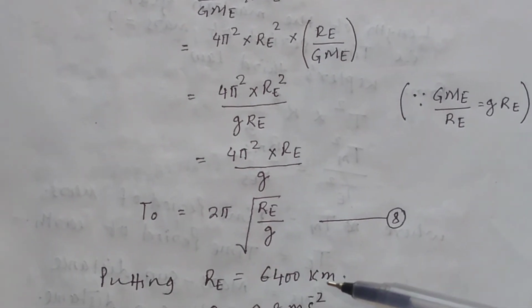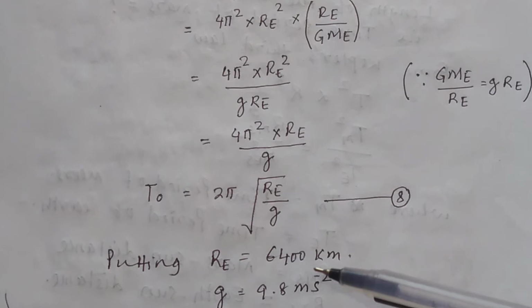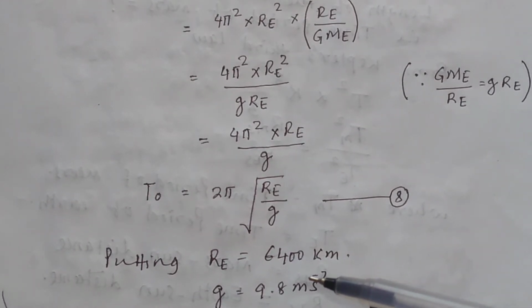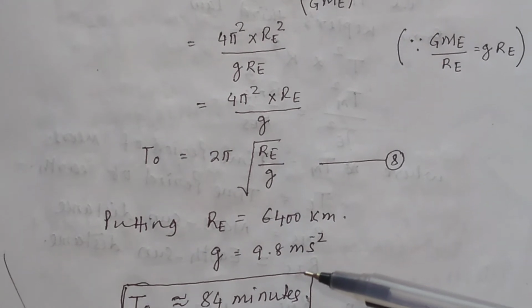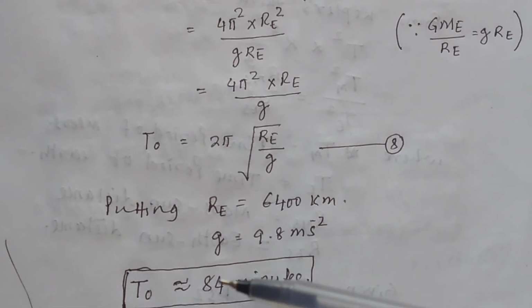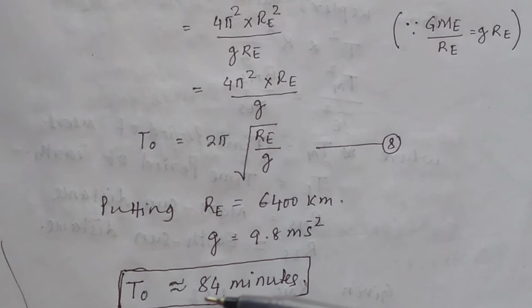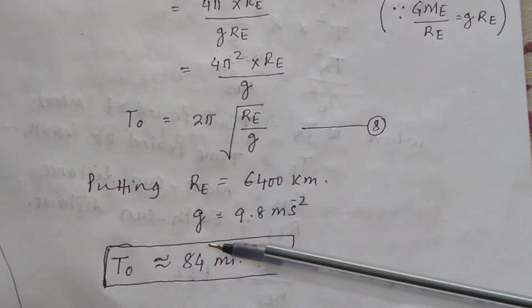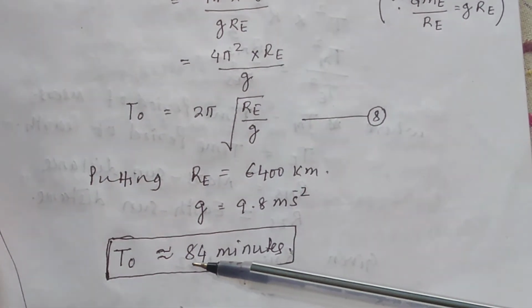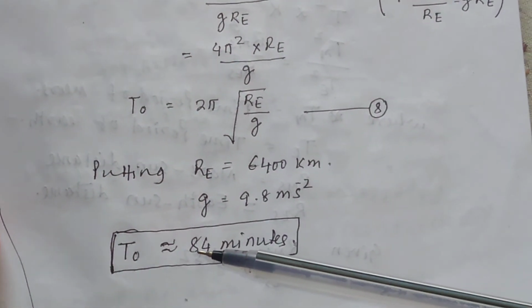If you substitute the radius of Earth, that is 6400 kilometer, and acceleration due to gravity g equal to 9.8 meter per second square, then you will find the time period of our satellite T0 is approximately equal to 84 minutes.